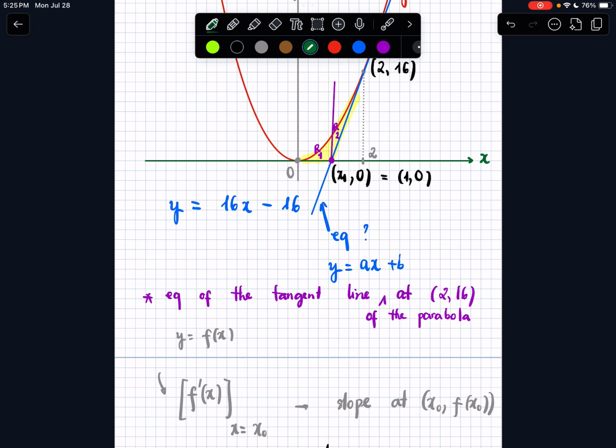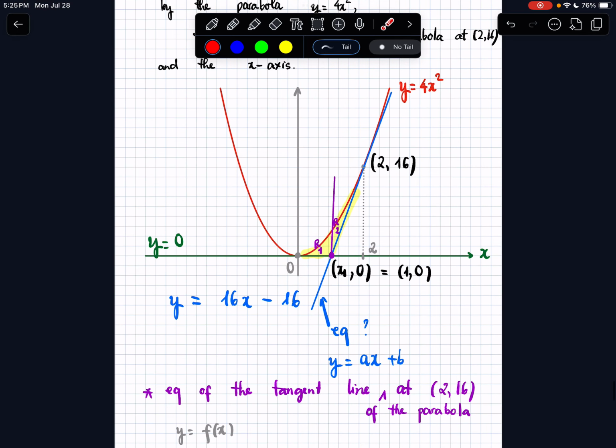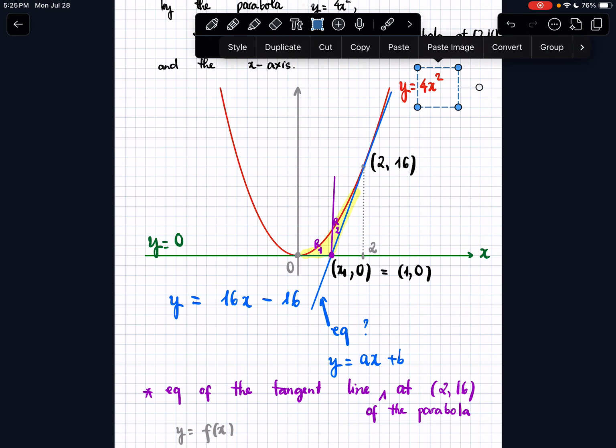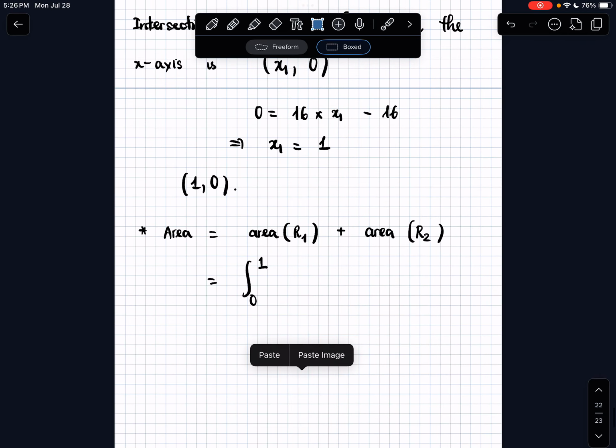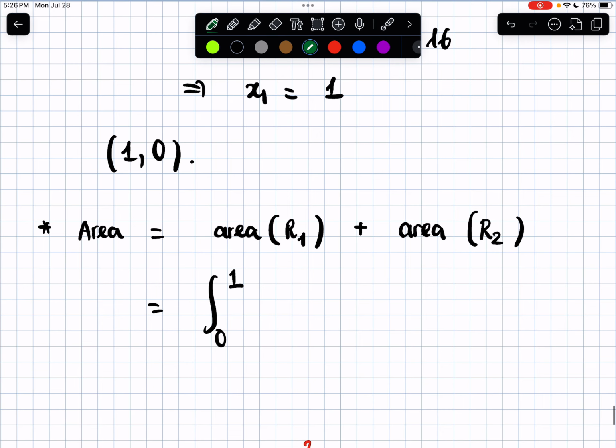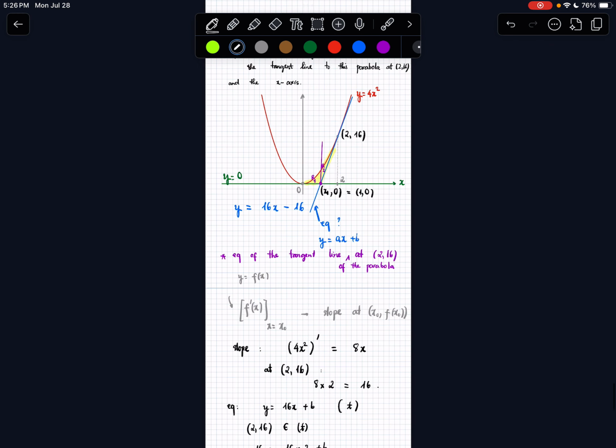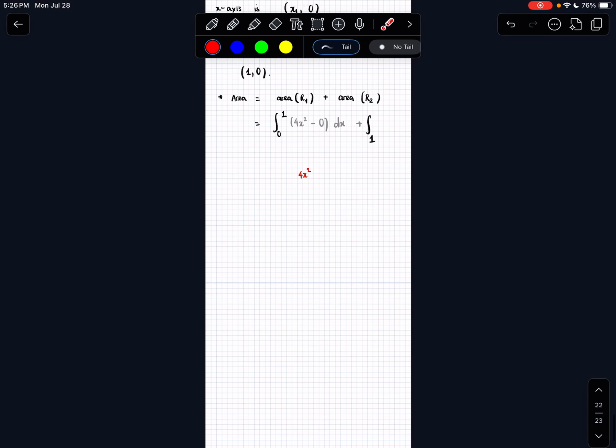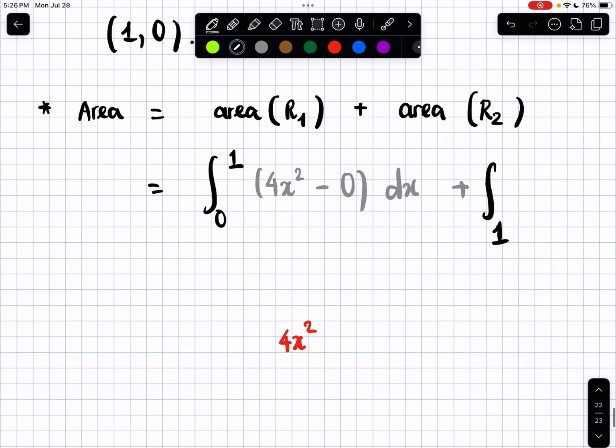So 4x squared minus 0 dx. And the area of the second one is from x1 to 2 of the red minus the blue. The red is 4x squared.